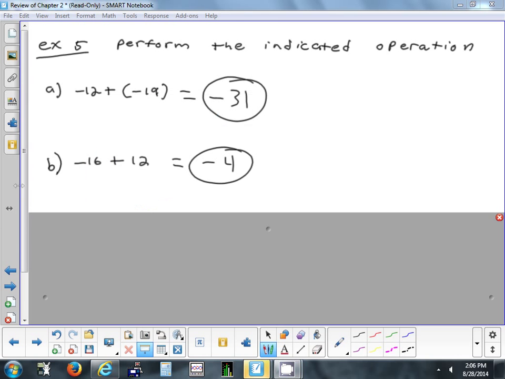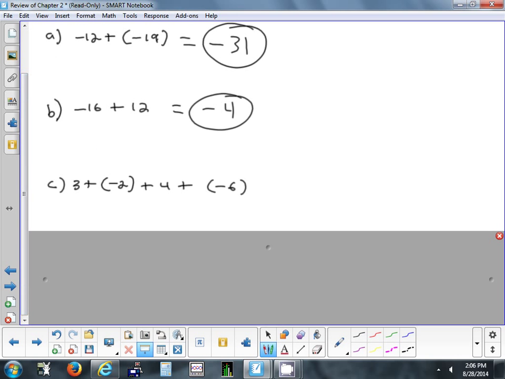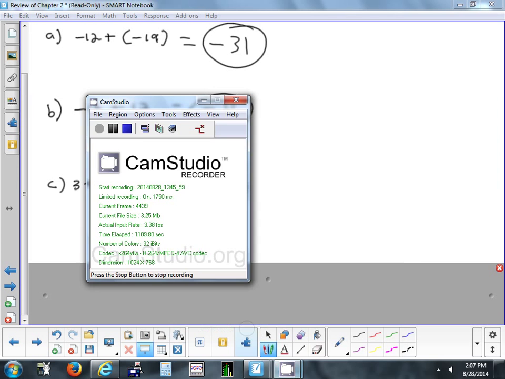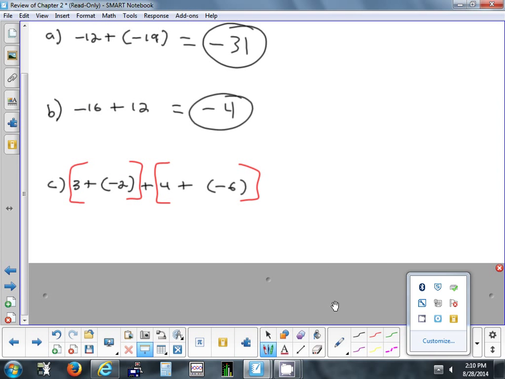Okay, how about this one? It's 3 plus negative 2 plus 4 plus negative 6. Guys, take a second. Try that one on your own. All right, guys.